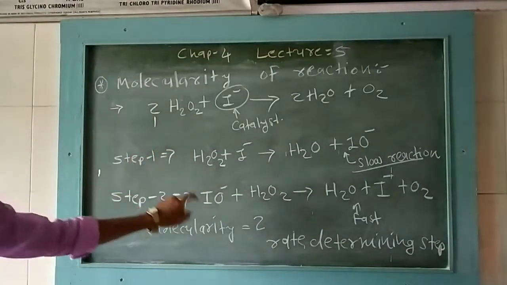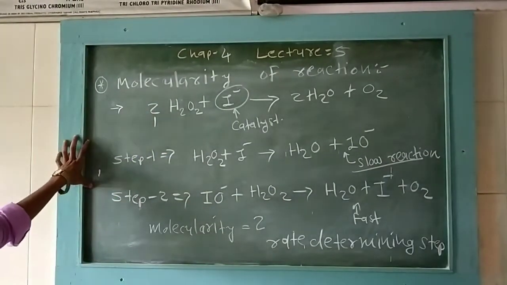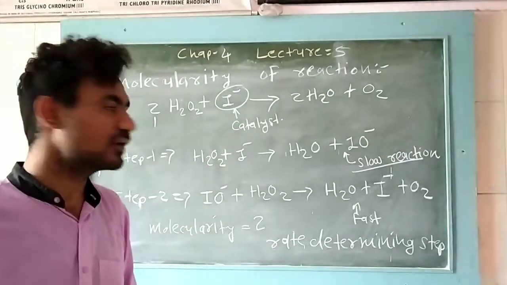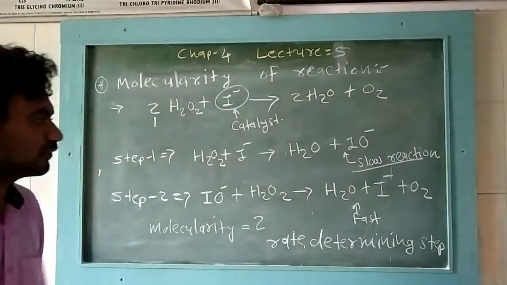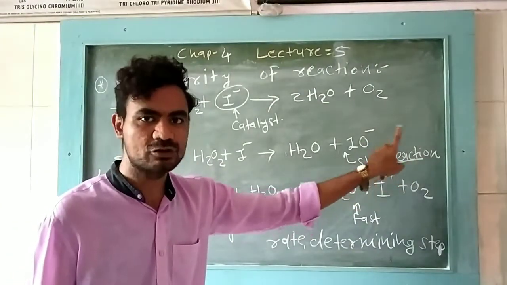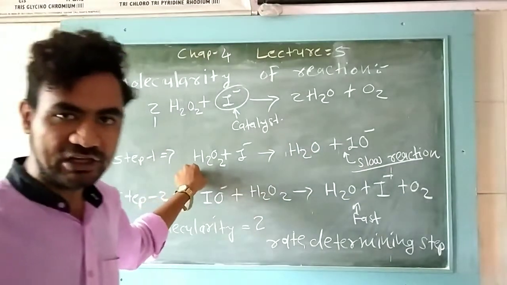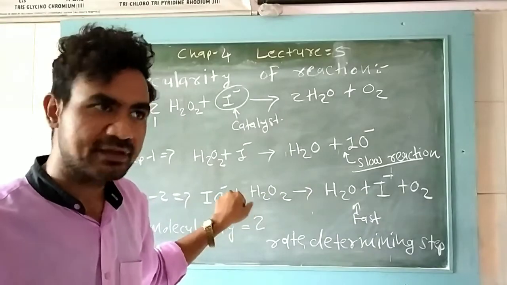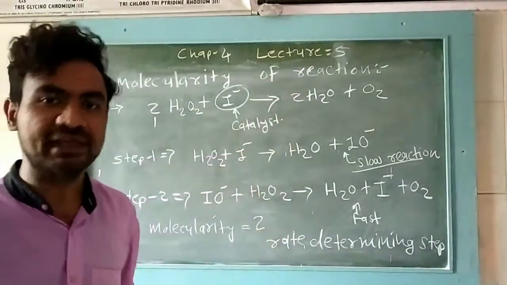So again, for a complex reaction, first you have to write down the mechanism. Second, you have to find out the slow step. And third, you have to find out the molecularity of that slow step. That molecularity will be the overall molecularity of the reaction.